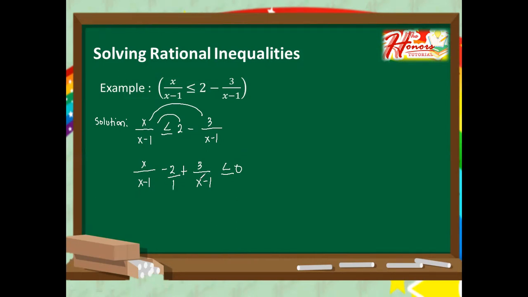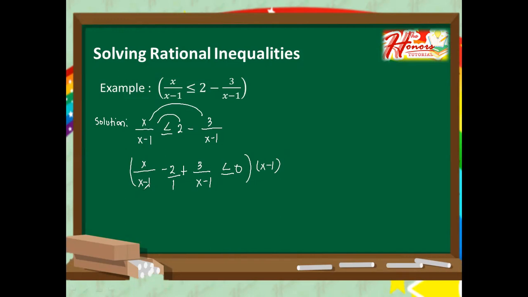And then, as you can see here, we have both x minus 1 and x minus 1. So if we get the LCD, and with the 1, it will become x minus 1. Then let's solve.